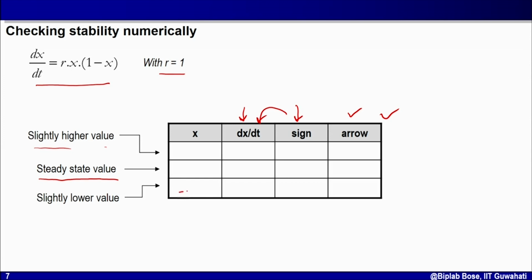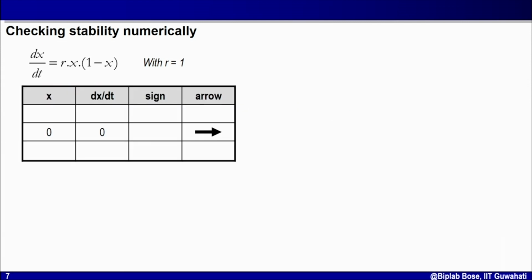And in the lower one, you take a value slightly smaller than the steady state value. Let us see with examples. If you remember, a few slides back we calculated that we have 2 steady states for this system, x equal to 0 and x equal to 1. So let us start analyzing x equal to 0 first.